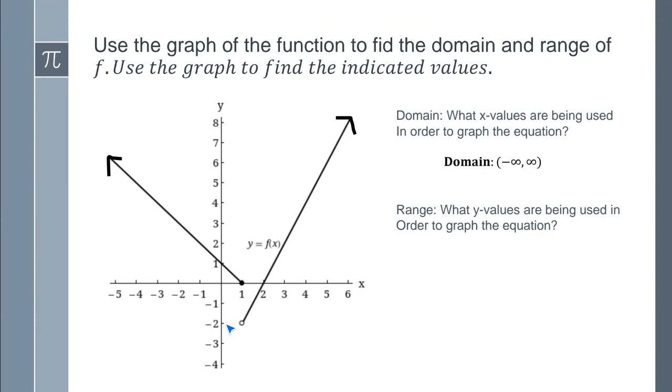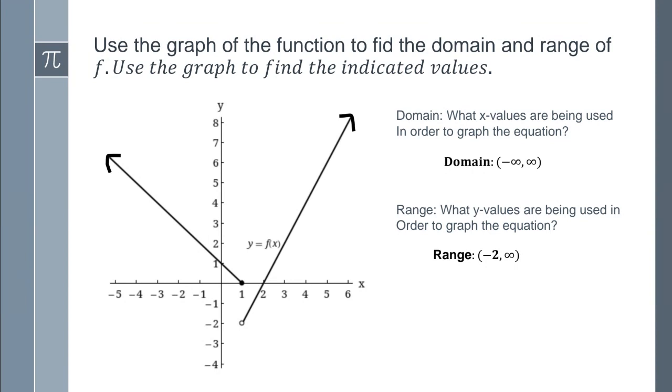And then what is my highest y value? Well, both sides of these lines point forever up. So my highest value is positive infinity. So again, the range for this in interval notation is starting in -2, but I have to use parentheses because I'm not including that point, and it goes forever up to positive infinity.